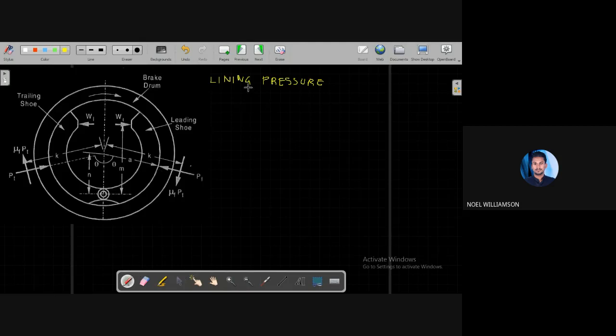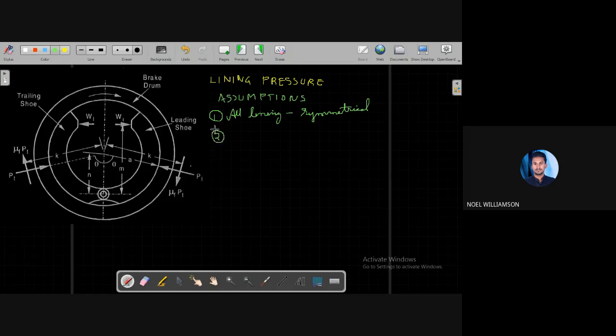First assumption: all the linings are symmetrical.